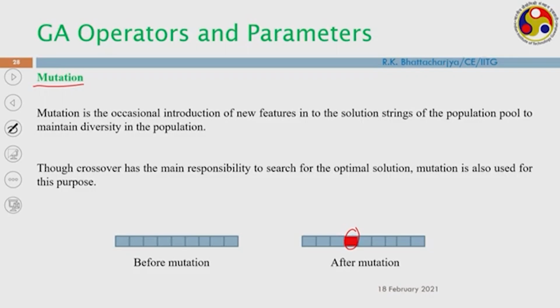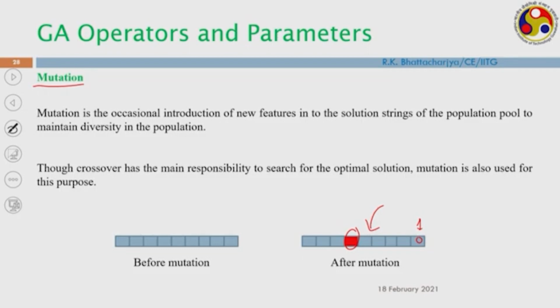Once you are getting a new value, the decoded value of this string will also be different. But the question is, what is happening if you are using binary bits? If this value is 0 and after mutation it becomes 1, you are adding 1 to the decoded value.